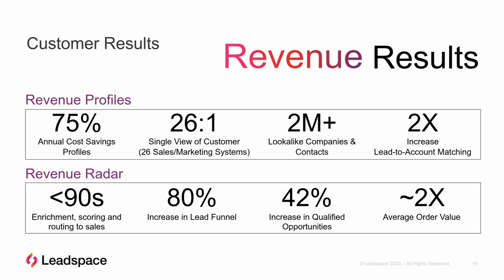So our typical customer that we work with, what we'll see them do first of all is have a huge savings in data costs. And that comes from a couple different areas. The first one is that a lot of times their data costs are not consistent. You've got individual buys in, say, one division or one business unit or one region. And there's a lot of waste in those types of approaches that are one-off that we talked about before.